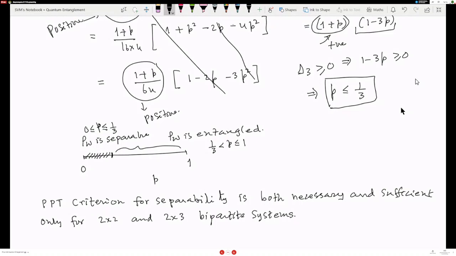For higher dimension systems, that is for other bipartite systems, it is necessary but not sufficient.